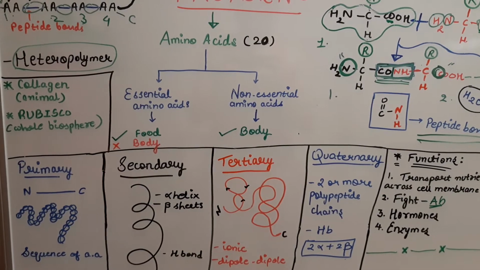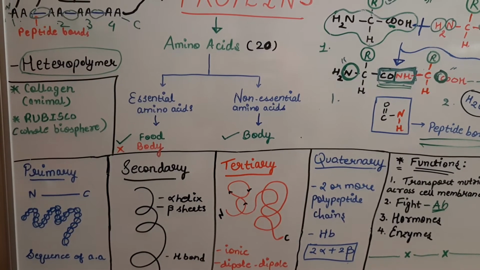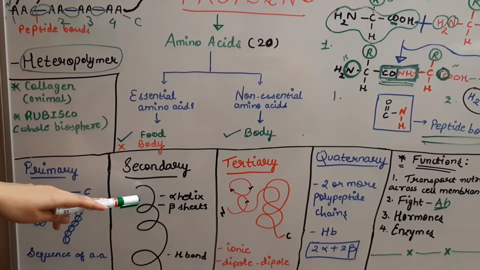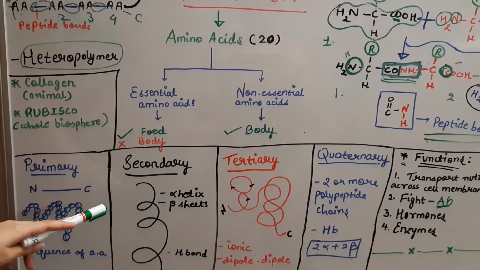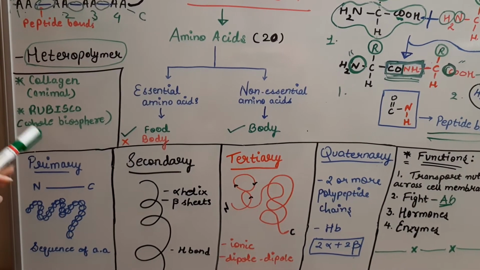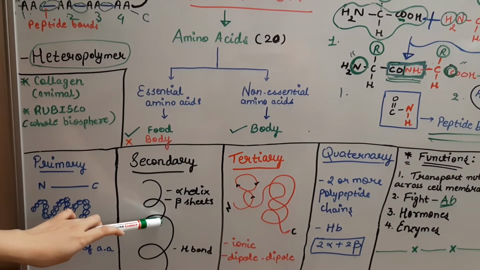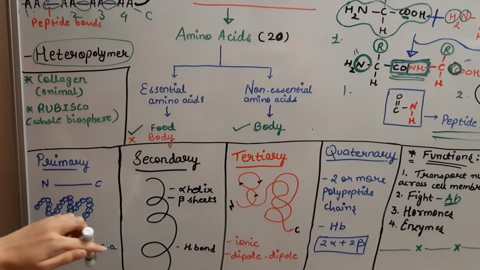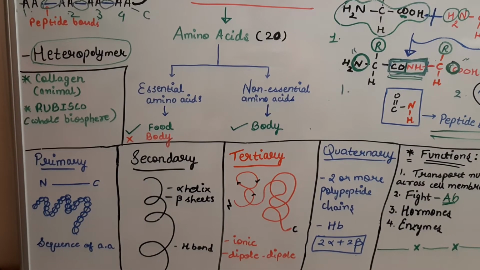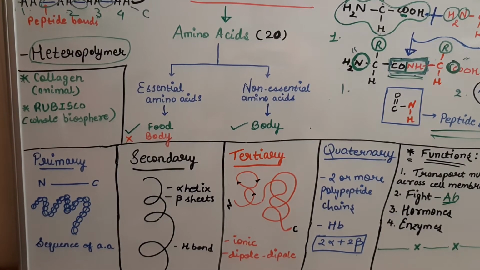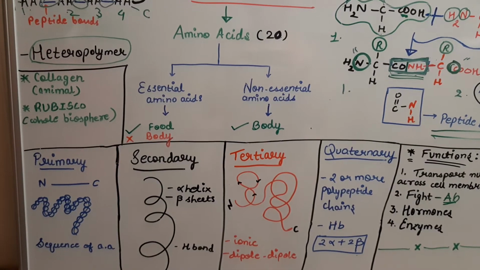The most common types of secondary structures are alpha helix and beta pleated sheets, and both of these structures are held in shape by hydrogen bonds. These hydrogen bonds are formed between the carbonyl O of one amino acid and the H of the other amino acid.